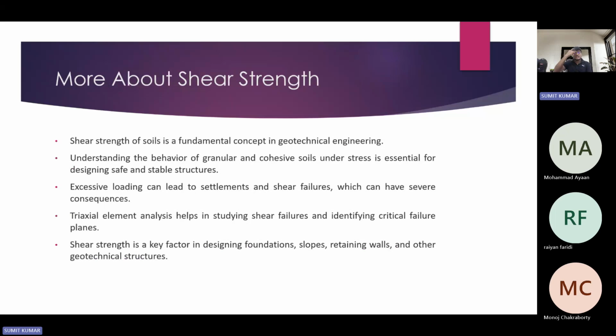The triaxial analysis helps in studying the shear failures and identifying the critical failure plane. The shear strength is the key factor in designing foundations, slopes, retaining walls, and other geotechnical structures.